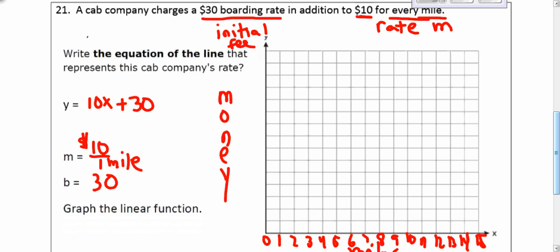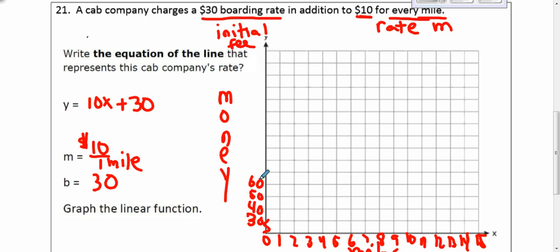The boarding rate is 30, and then it's 10 for every mile. So I'm going to put a break right here, and I'm going to start at the boarding rate, which is 30. And then from there, I'm going to increase 10 every time I go up, because I know that that is my rise over run.